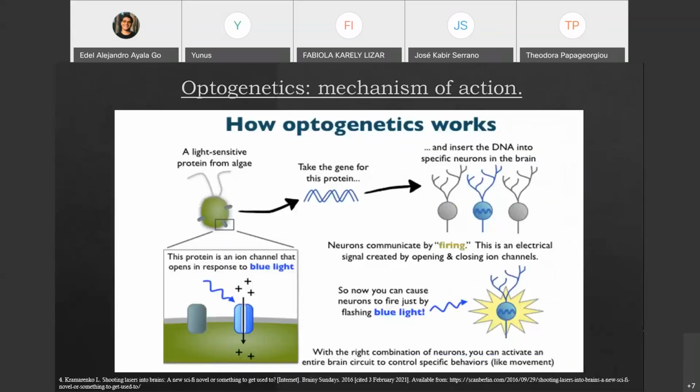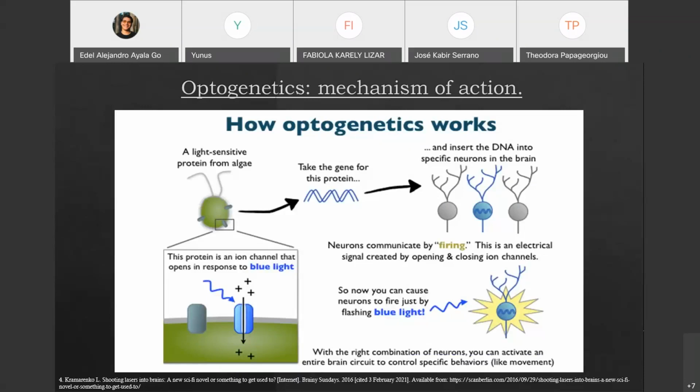And lastly, I just wanted to briefly go through how exactly optogenetics works. So how do we use it? The way it does that is by obtaining the protein of interest from algae.